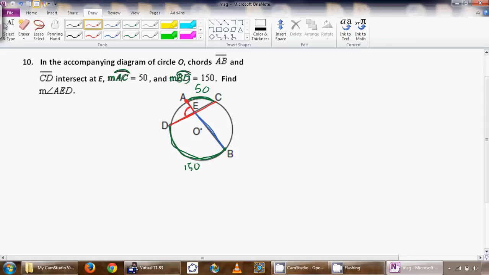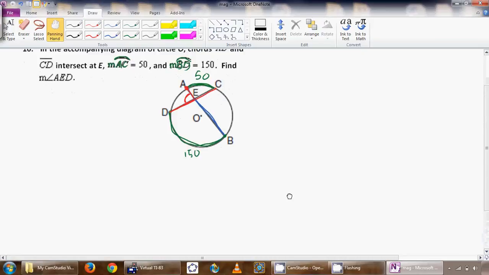They want this angle. Notice this angle points to two different arcs, AD and CB. I don't know anything about those arcs, right?